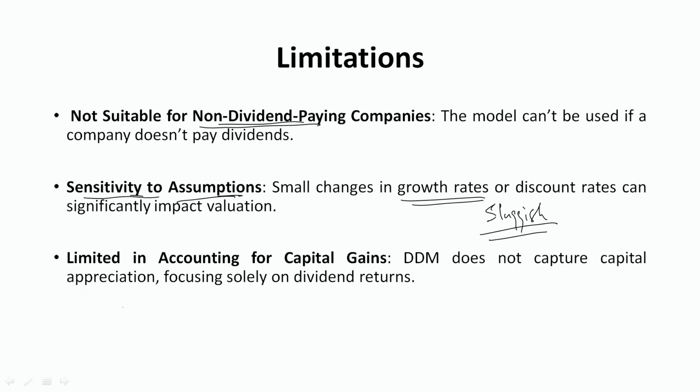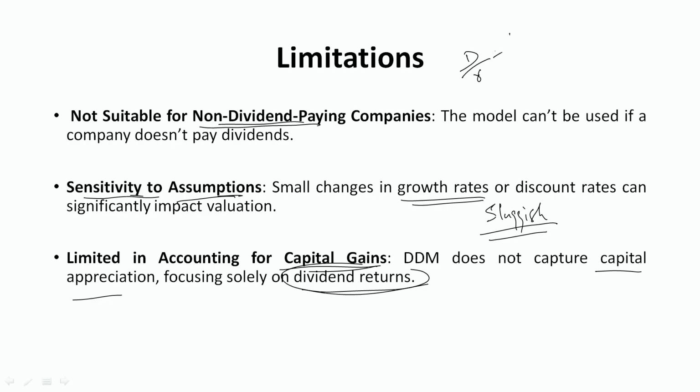And it is limited in accounting for capital gain. So, what does it mean? I am not talking about capital appreciation, I am just focusing on the dividend return alone, because in all the formulas you will see dividend upon the expected growth rate, and if it is multiple stage, I am going to use the present value factor plus the growth factor.